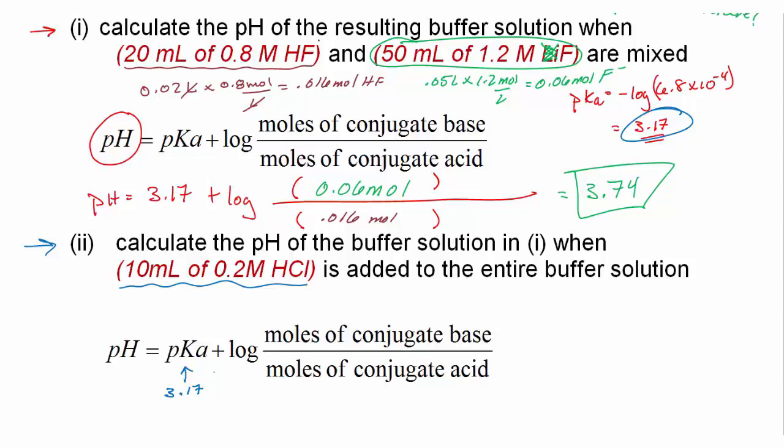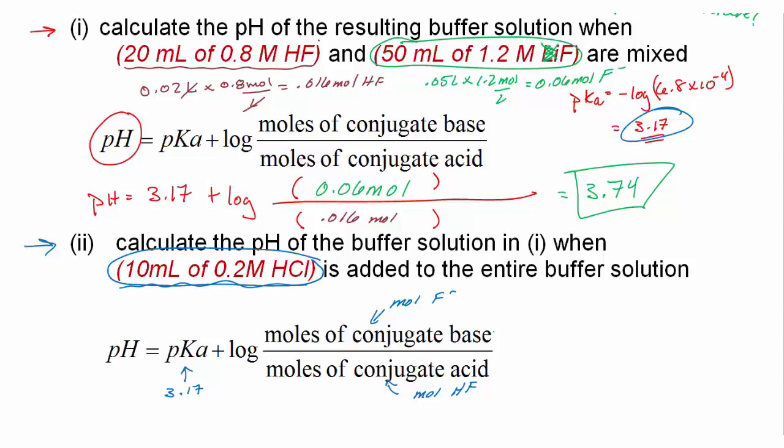Now we just have to figure out the moles of conjugate base and the moles of conjugate acid. The moles of conjugate base is F minus. The moles of conjugate acid is HF. Okay. When you add an acid, what is going to react?